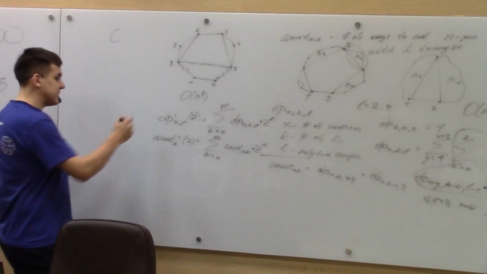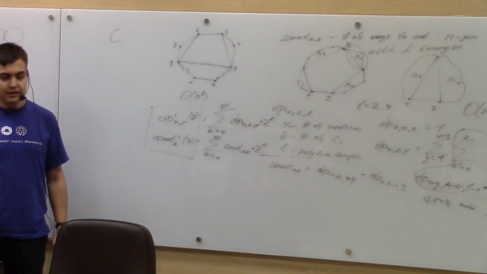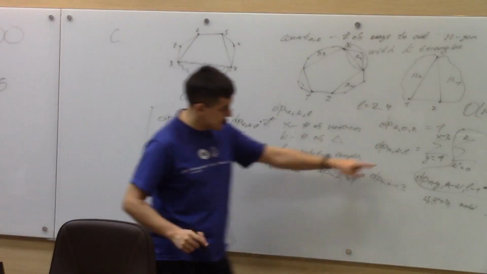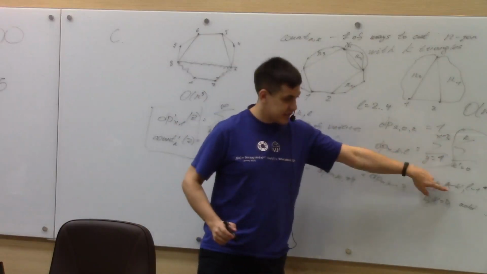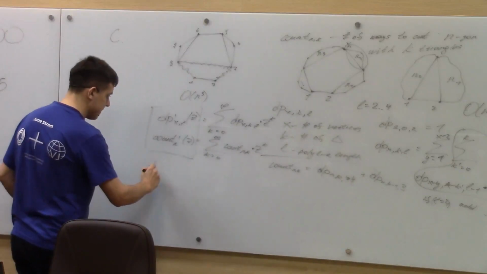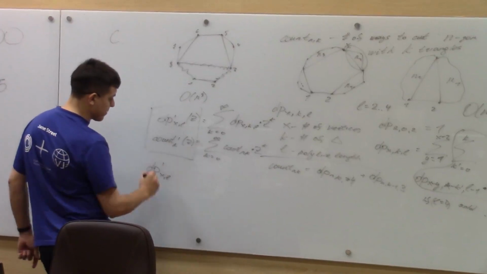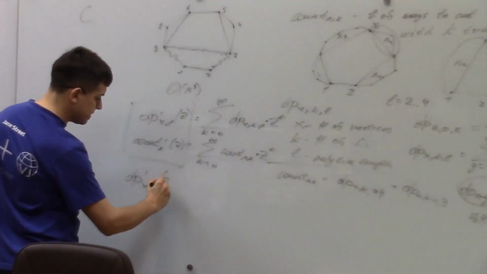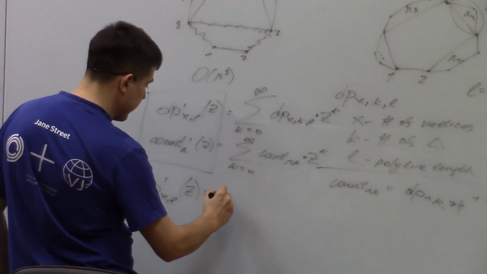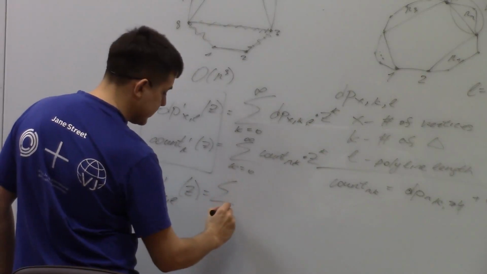And it turns out these values are easy to calculate. So for example, this sum turns into dp prime of x and L of z equal to, well, sum over all y's.